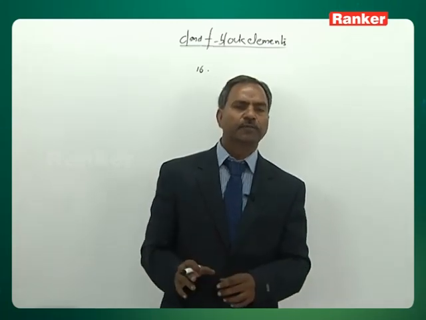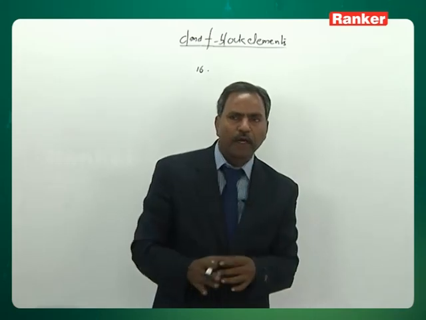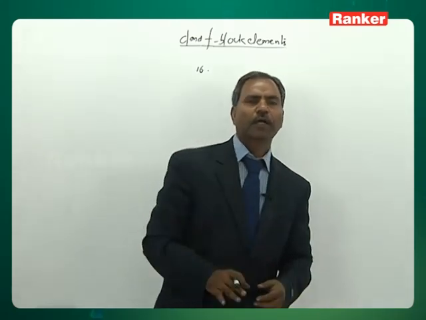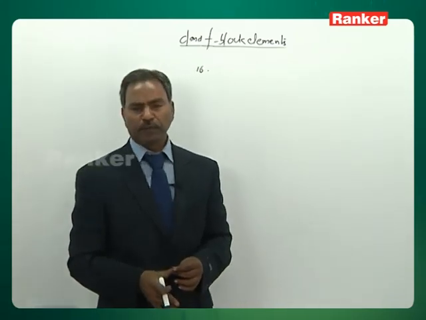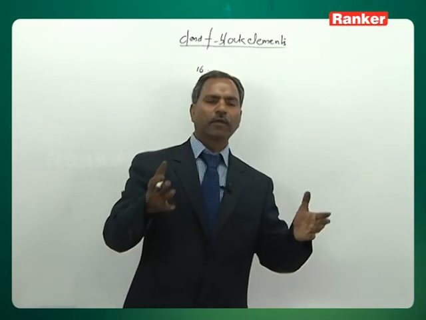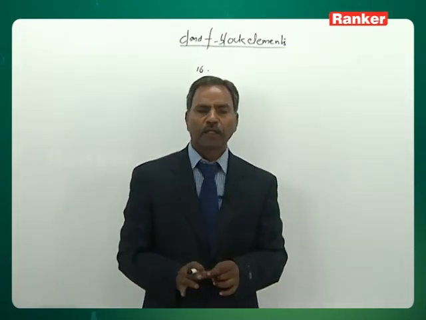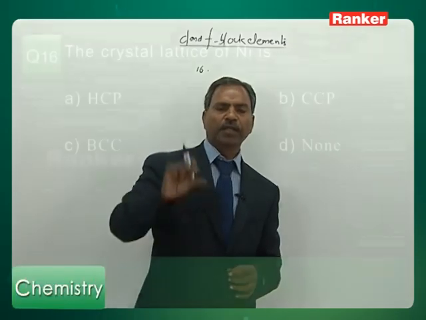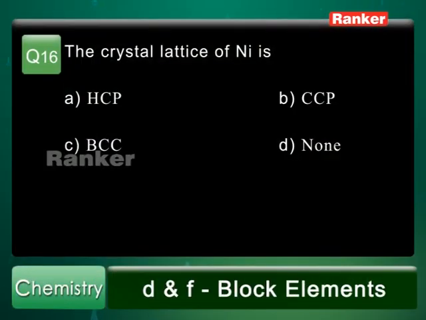Remembering is difficult, so I made it easy to remember. I classified all the 30 elements into these different metallic lattices, HCP or CCP, FCC, BCC. No much explanation is required for this. In the case of nickel, I have given it clearly in the class notes, that B is the correct option here.